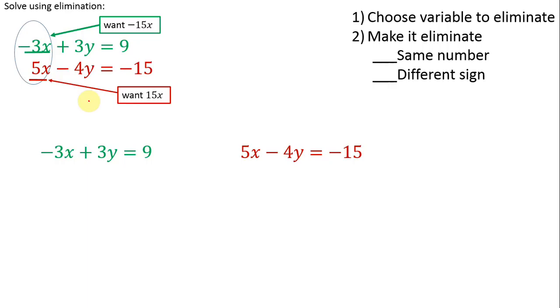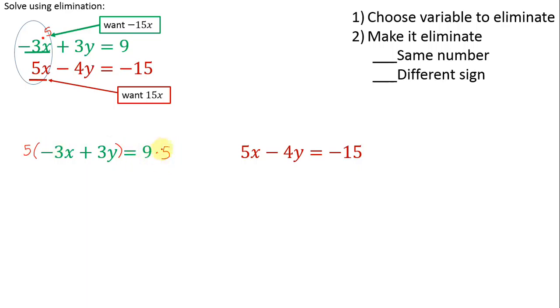So there are my two equations, and so I'm just going to ask myself, what do I need to multiply negative 3x by to get me negative 15x? And I know that negative 3 times positive 5 will get me negative 15x. So I'm going to just multiply everything in this equation by positive 5.